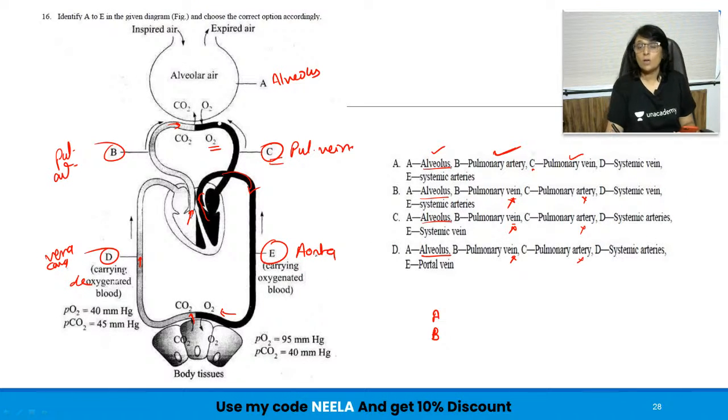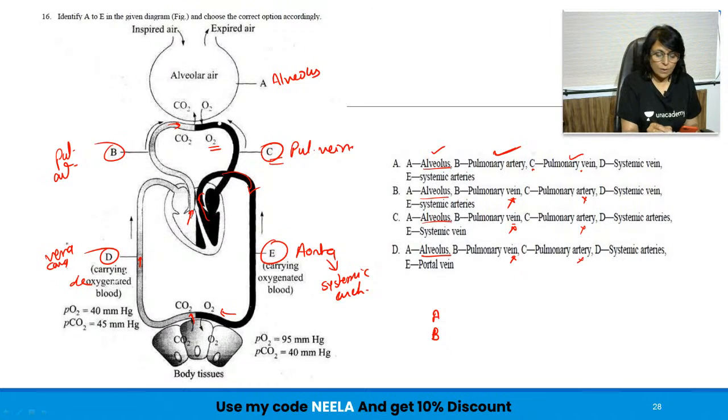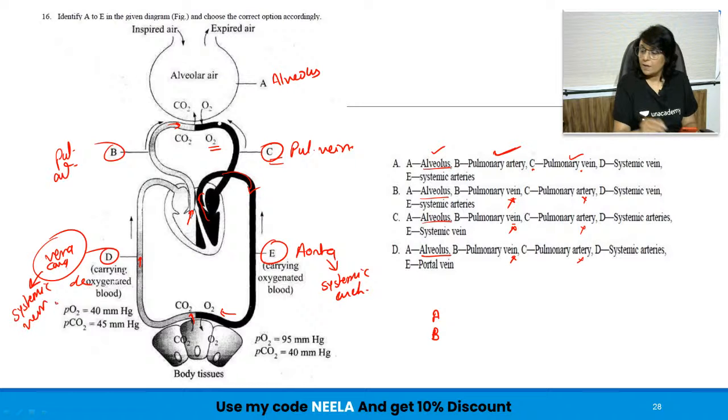No. Aorta is also known as systemic arch, and it is an artery. So D, oh sorry. Okay, this one. This is called systemic vein. So this is correct, and E is known as systemic arch or systemic artery. So our correct answer is A.